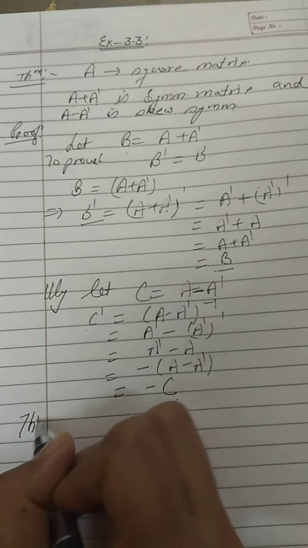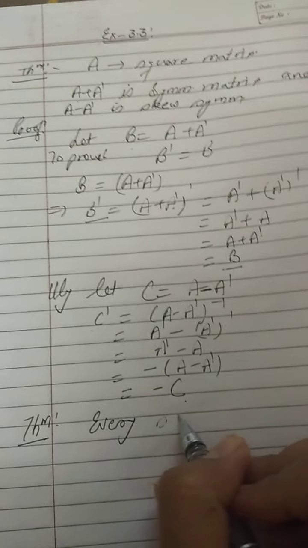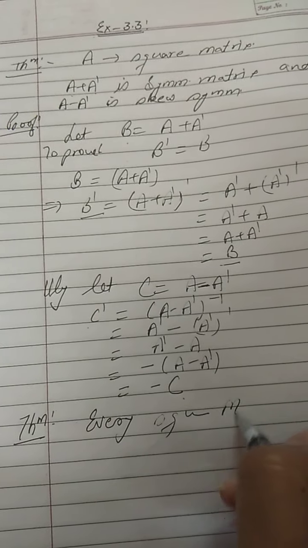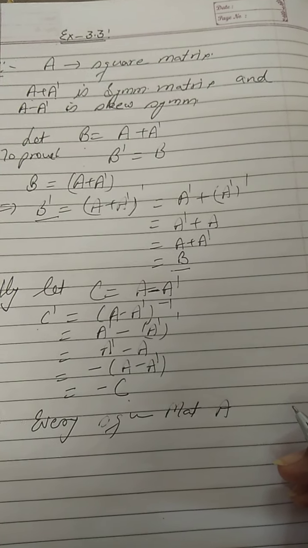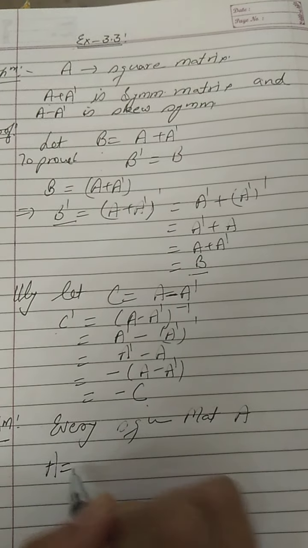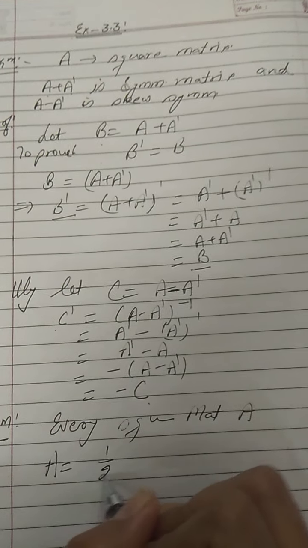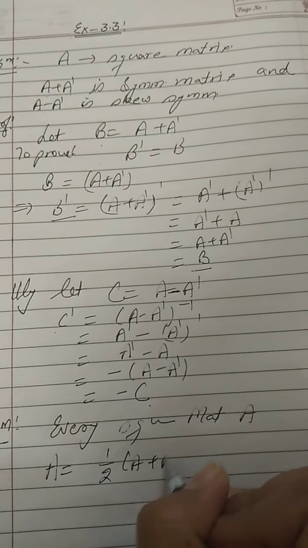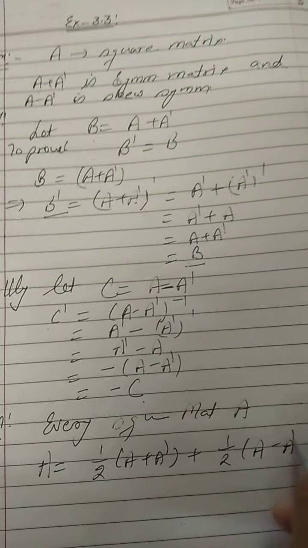The next theorem says every square matrix A can be expressed as the sum of symmetric and skew symmetric matrices. What does it mean? A is half of A plus A transpose, plus half of A minus A transpose.